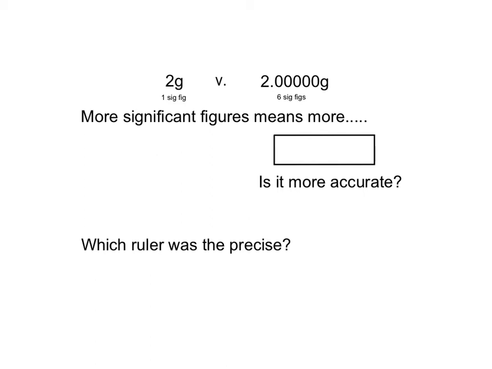With that 2 grams, you're estimating it's about 2. But with 2.00000, the only number you're guessing at is that last 0. You're confident about everything else there. You are sure that it is 2.0000, and you're guessing at that last 0, which means more significant figures means more precision.